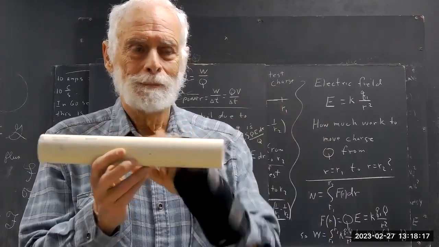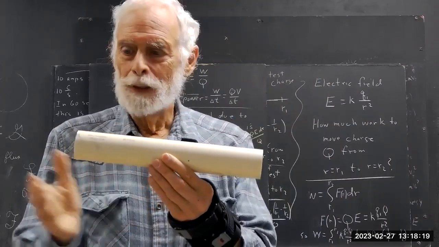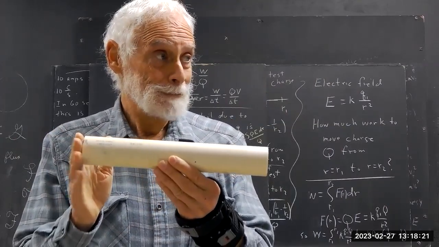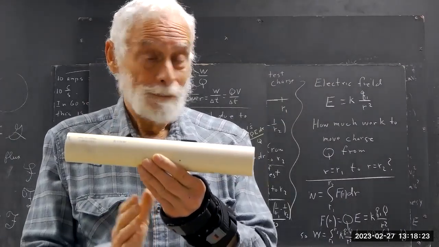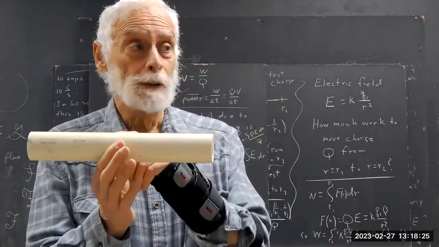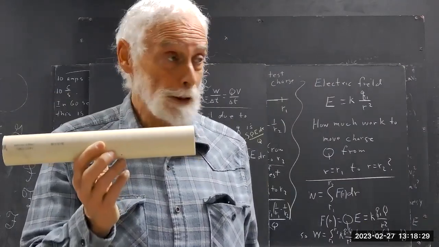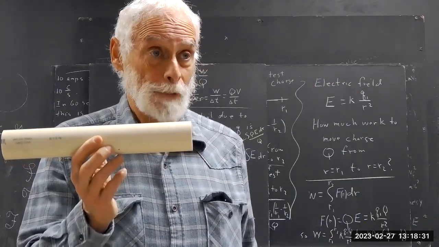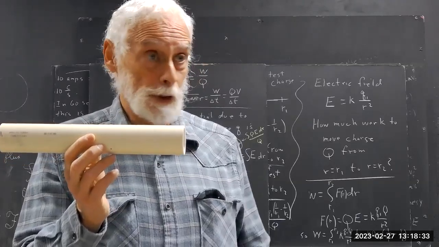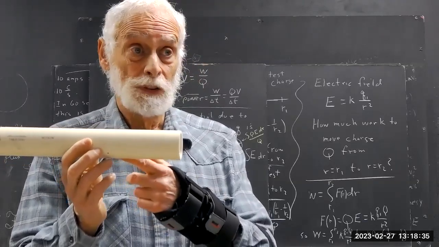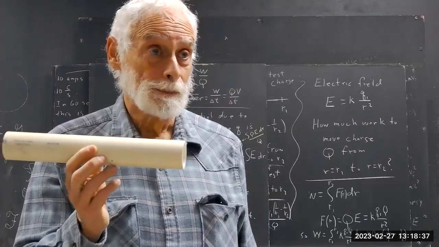This thing has a cross-sectional area, and if you multiply that cross-sectional area by sigma, you see how much charge is enclosed in this thing. So the charge enclosed here is sigma times cross-sectional area.